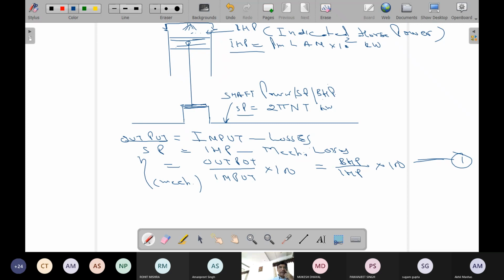Now let us say, just to be very clear about this term, because in numericals which we will do subsequently, the data will be in different forms, and that is why I would like to make it clear so that you don't have to break your head about what it means, and you can straight away know about efficiency.